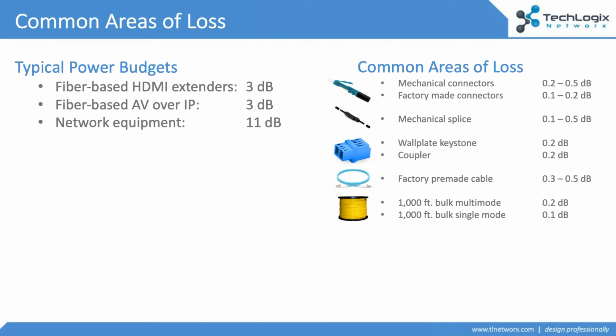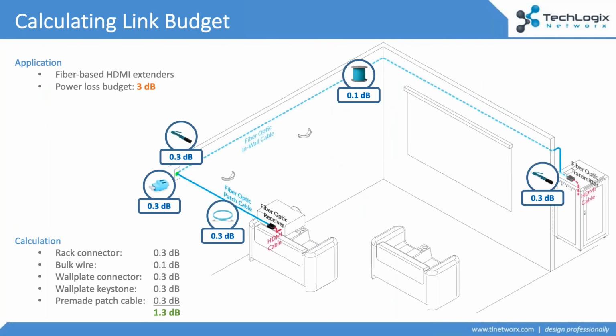And this is what I meant when you're starting to create your link budget, the power loss budget, the power budget of your different devices. What can they tolerate? What can my extender tolerate? And then what does my application really have in line? We can do a calculation and we can really find out what we should expect. So in this installation, this application that's on the screen, we have bulk wiring.